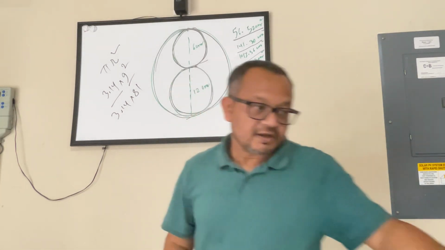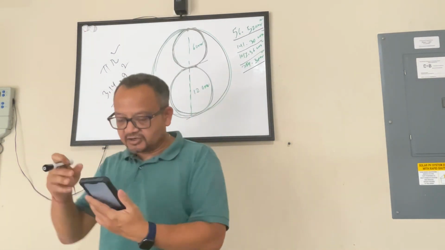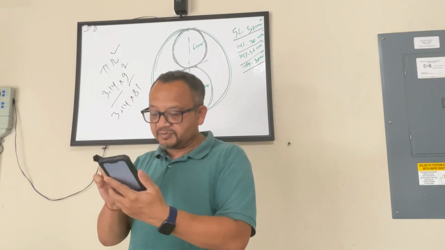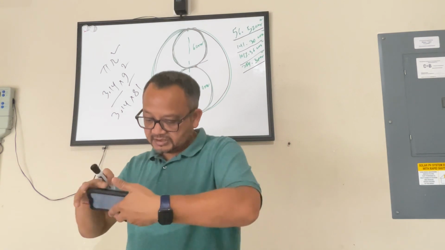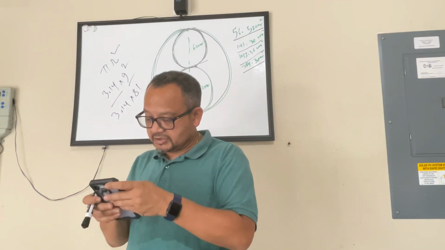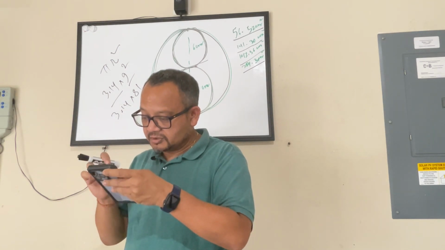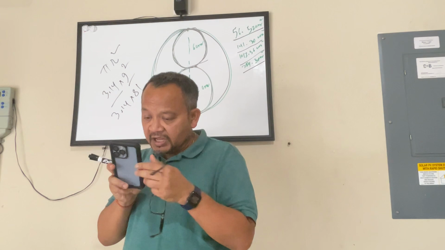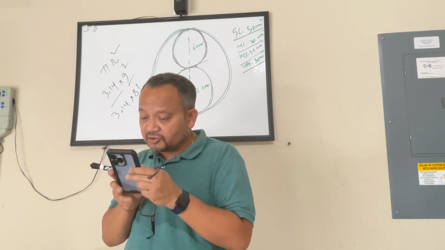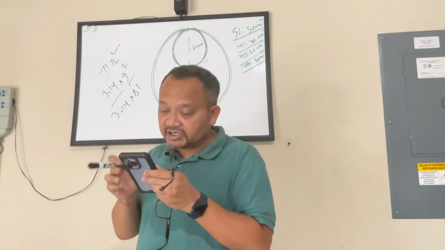Got it. So this is the question that Mithran had got. It says: which measurement is closest to the area of the largest circle in square centimeters?